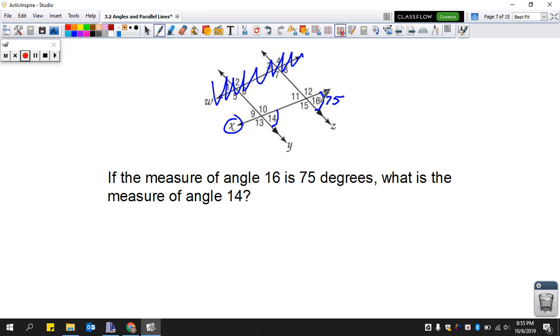And you can see 16 and 14 are corresponding because they are both bottom right angles. Okay, corresponding angles are congruent, so that means angle 14 is also 75 degrees.